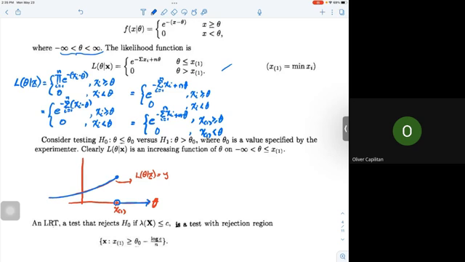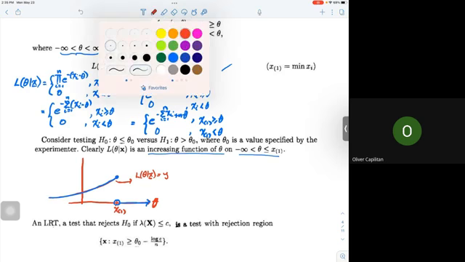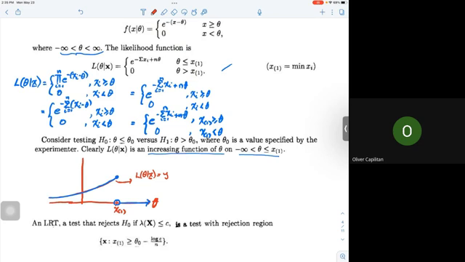So this is clear. It is an increasing function of theta on this interval, this part, from negative infinity less than theta less than or equal to the minimum order statistic. Okay?